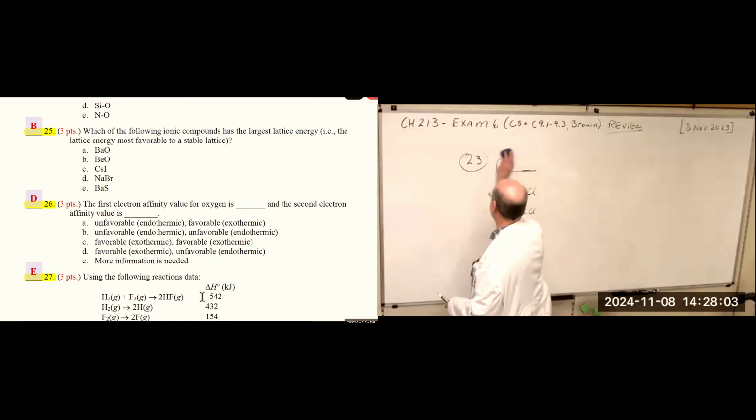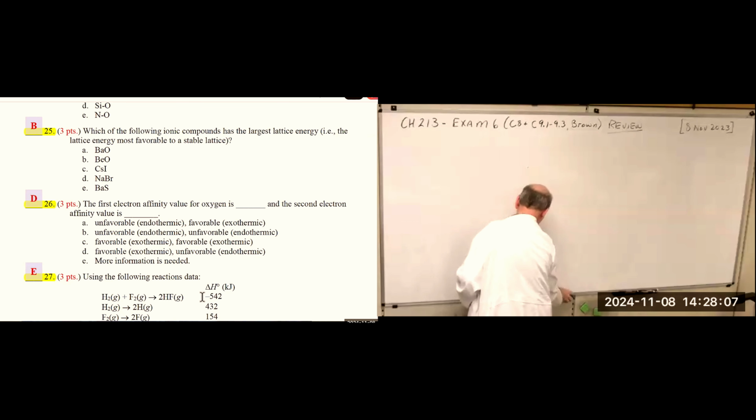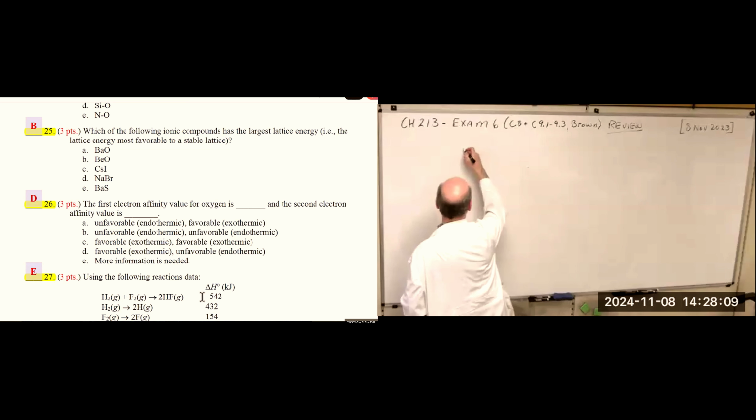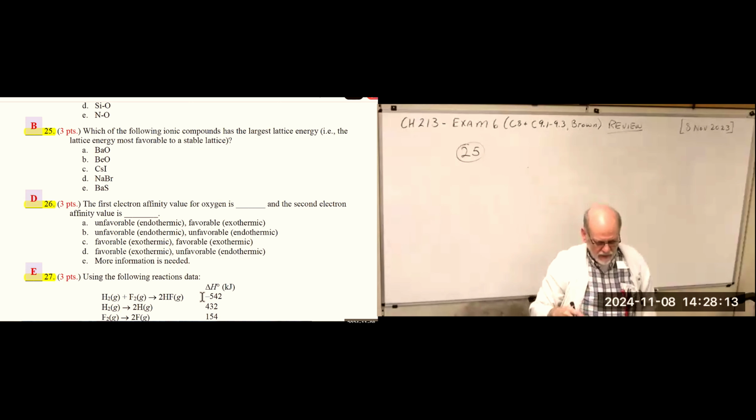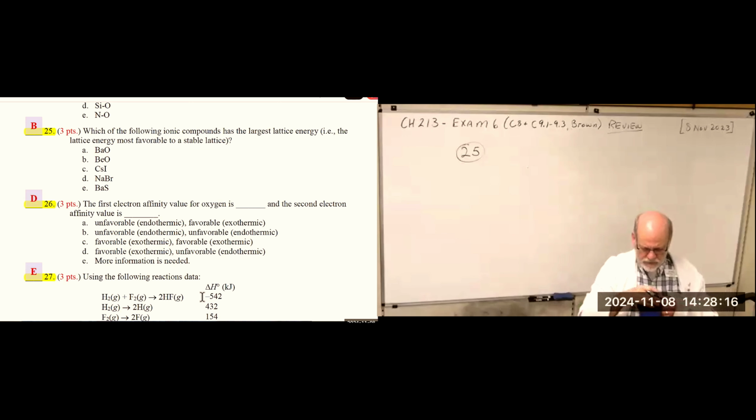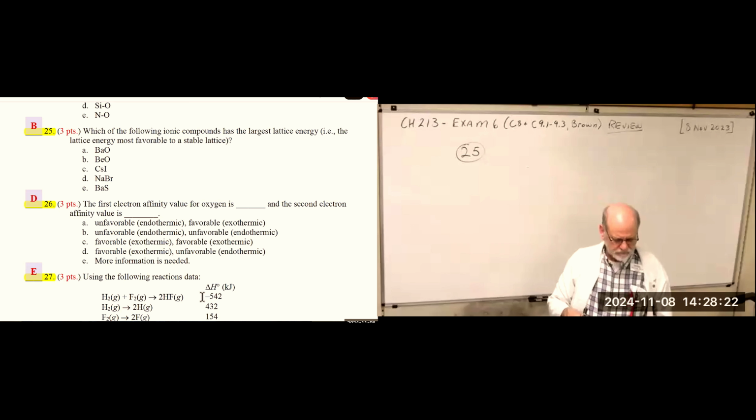25. Which of the following ionic compounds has the largest lattice energy? Lattice energy most favorable to a stable lattice.